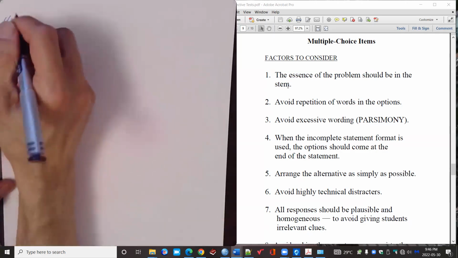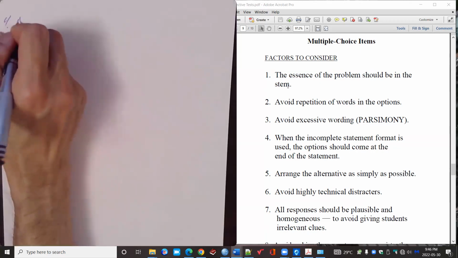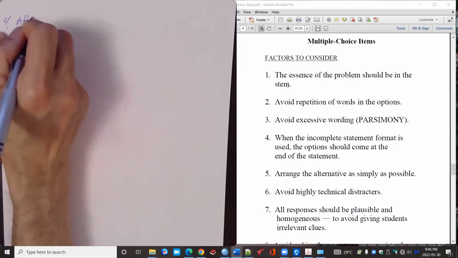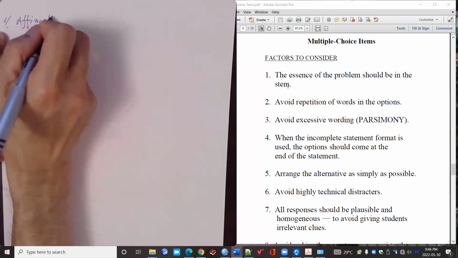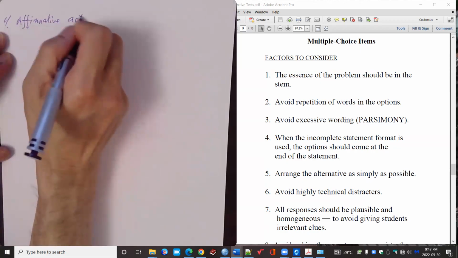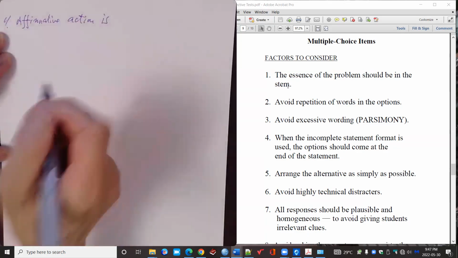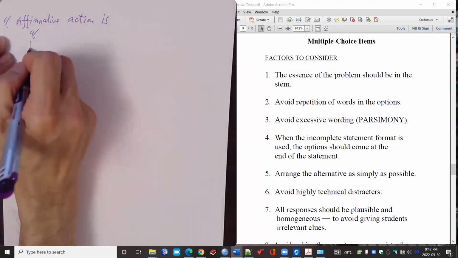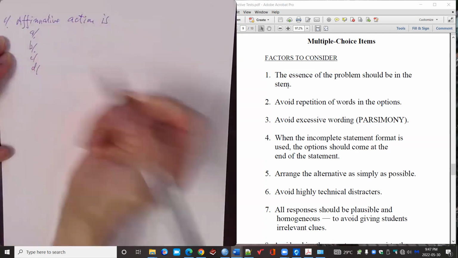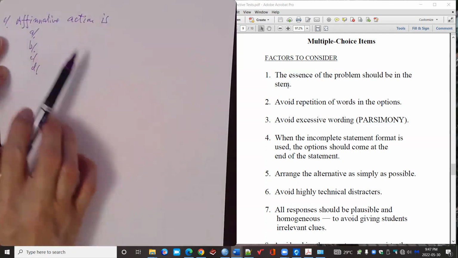Say item 1 here, okay? This is not good.